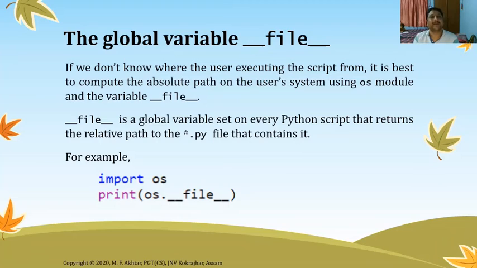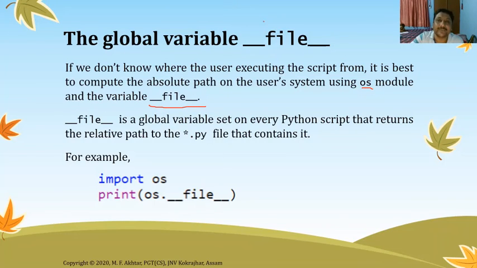One important variable in the Python language is the global variable double underscore file double underscore. If you don't know where the user is executing the script from, it is best to compute the absolute path on the user's system using the OS module and the variable __file__.